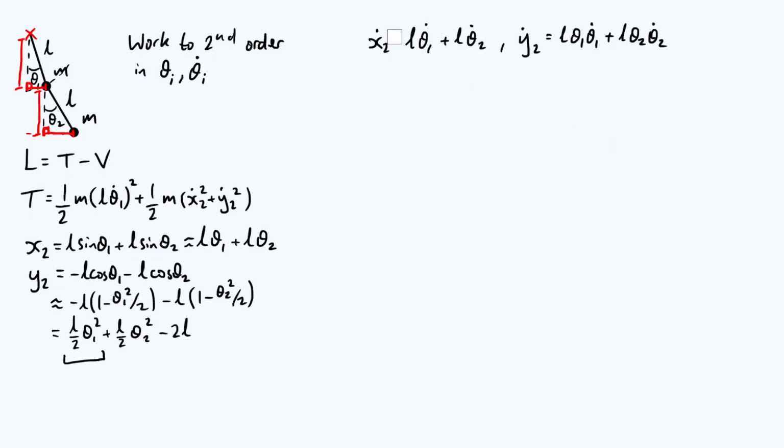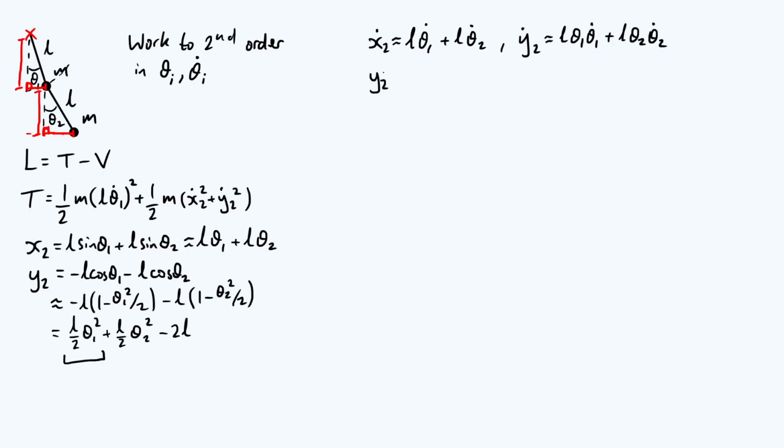Okay, and actually technically these should both be approximately equal. Now, what we can see here is that, remember, in the kinetic energy term, both of those are squared. The x2 dot and the y2 dot are both squared. Now, if you square x2 dot, you're going to get second order terms in the theta i dots, whereas the y2 dot is already second order, and so if you square it, it's going to become fourth order, and so we're going to be able to actually neglect all of those terms.